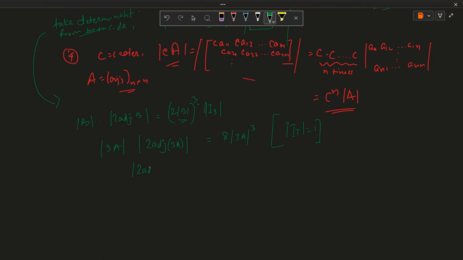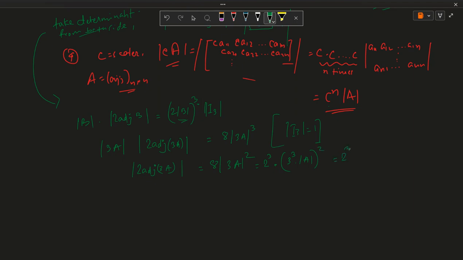So determinant of 2 adjoint of 3A equals 8 times determinant of 3A squared, since 3A cubed divided by 3A equals 3A squared. So it can be written as 2 cube into determinant of 3A squared. Determinant of 3A can be written using the same formula, determinant of CA equals C to the power n determinant of A. So 3 to the power 3 into determinant of A, squared.